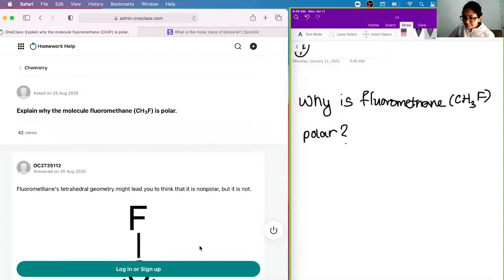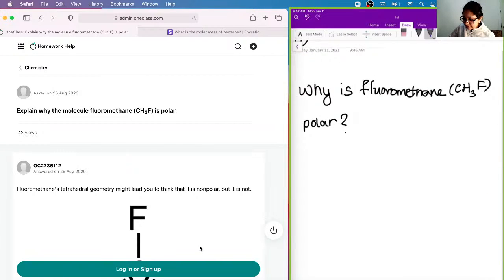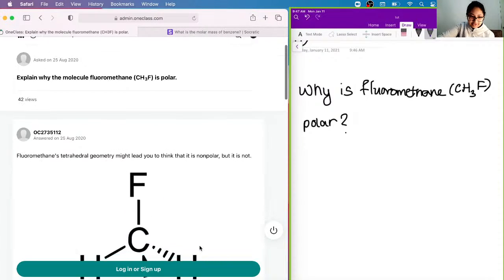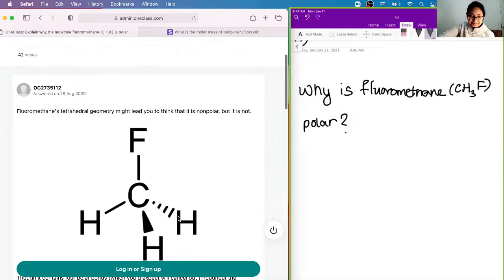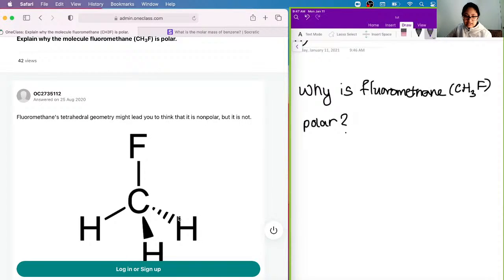Since we're given the chemical formula for fluoromethane, we can draw out the structural geometry of this. It's given over here, since we have four atoms, three hydrogens and one fluorine around the carbon. So in this case, this would be a tetrahedral geometry, where the carbon is in the middle.